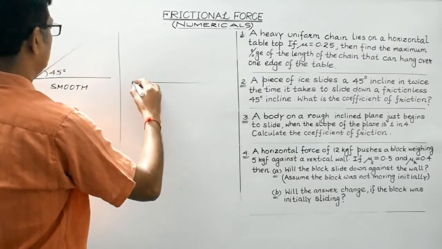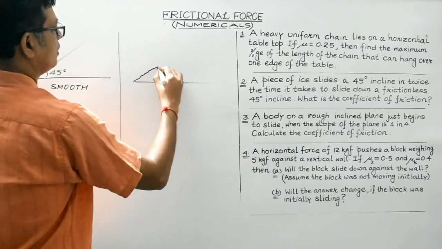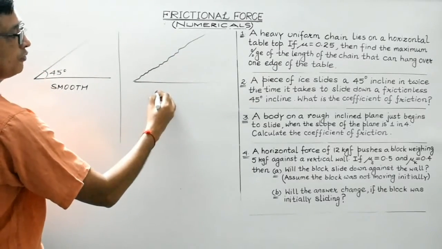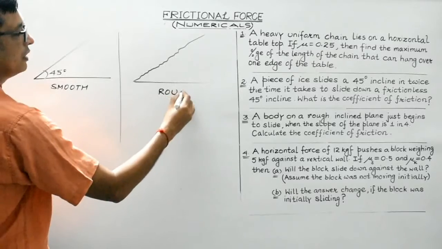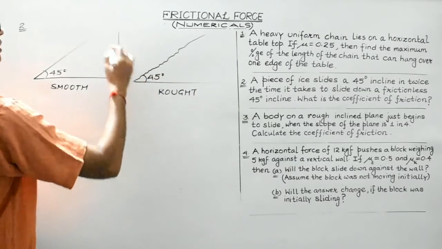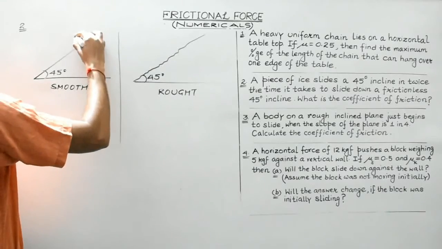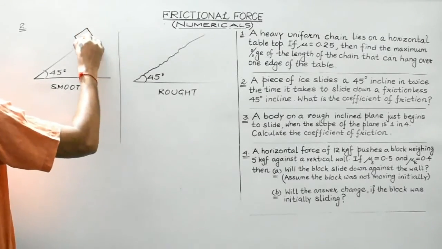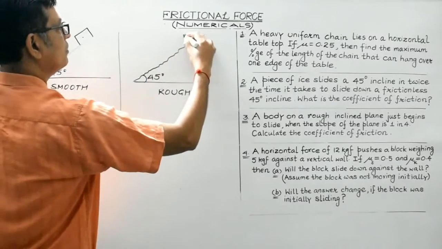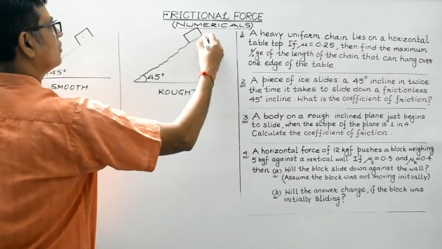And this is another case, the same 45-degree incline, but it offers some friction, so it is a rough inclined plane. In both cases, the block, while coming down the plane, covers the same distance.